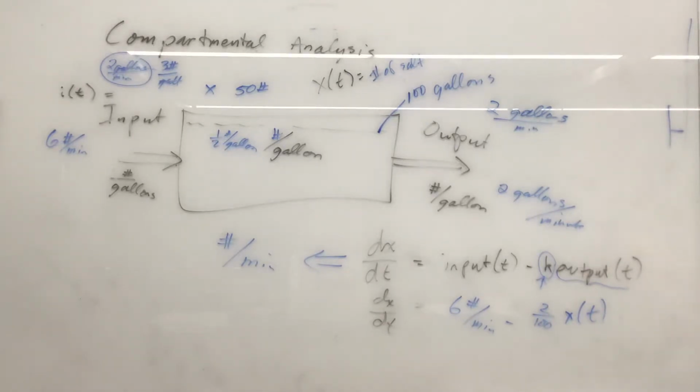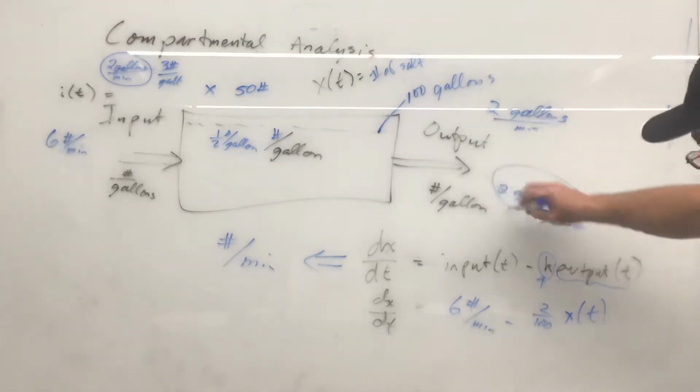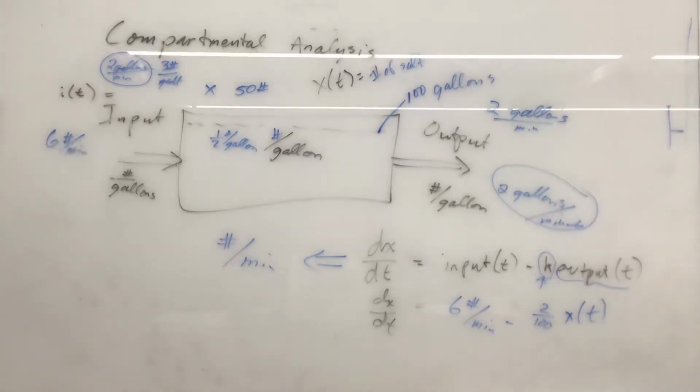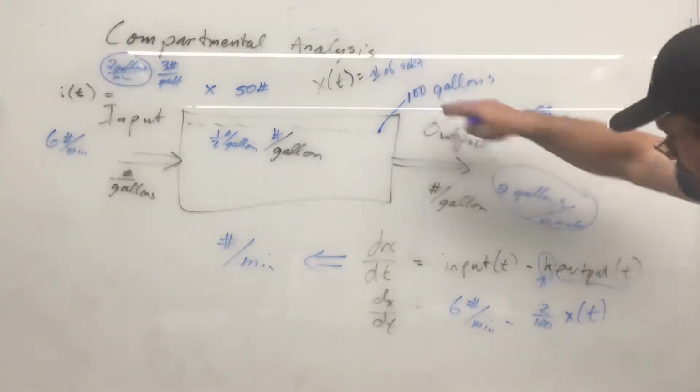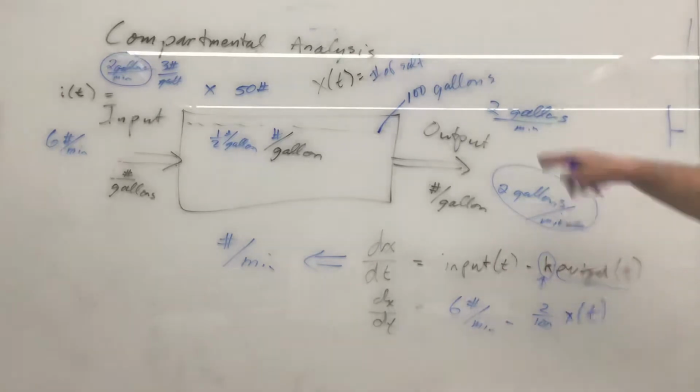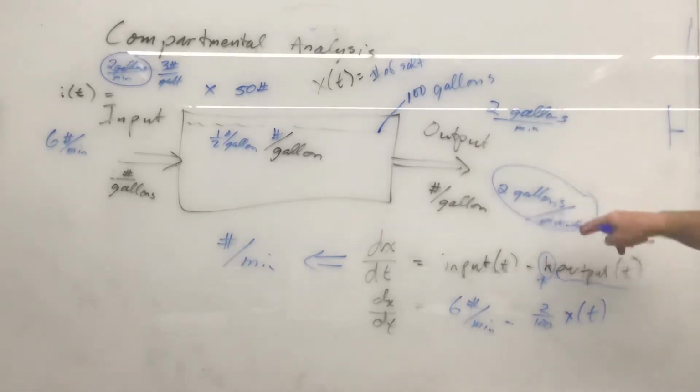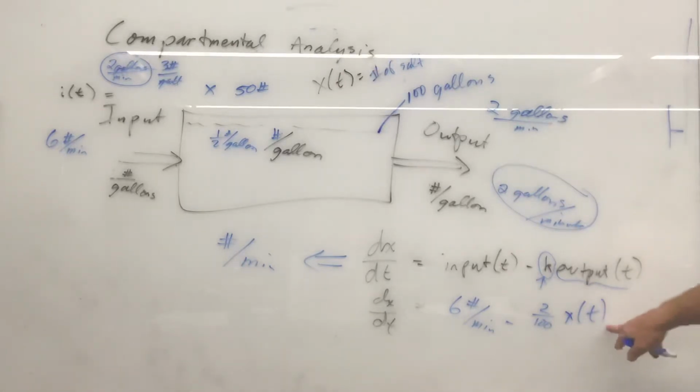And since we said there's 2 gallons per minute coming in, that's this part right here, and 2 gallons out of the 100 is making this fraction. The fraction is 2 gallons per minute divided by the number of gallons, and this is the number of pounds, so that product gives me the number of pounds per minute, which puts us in the right units.